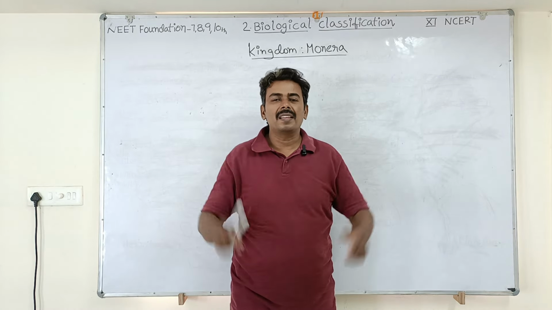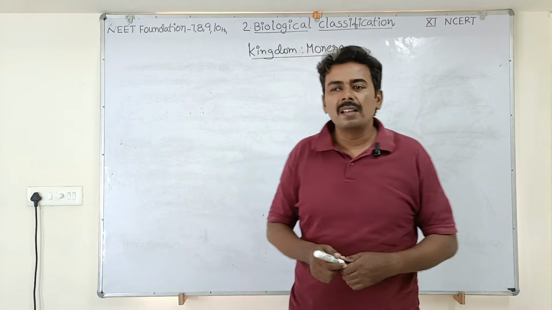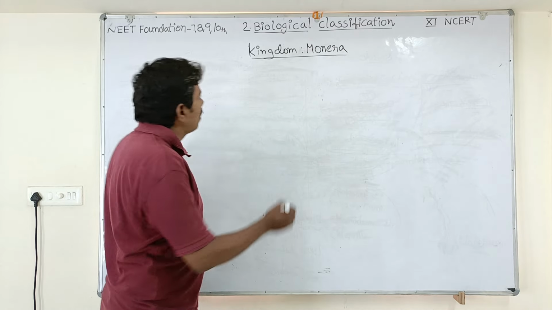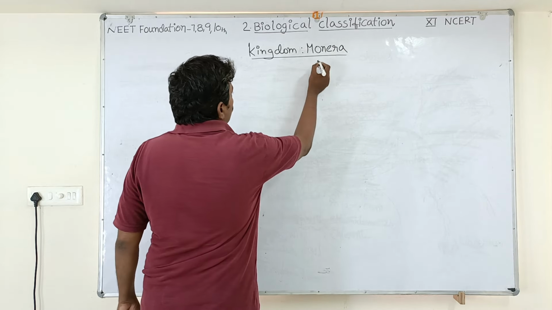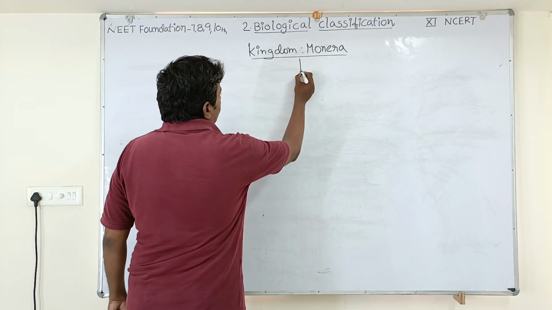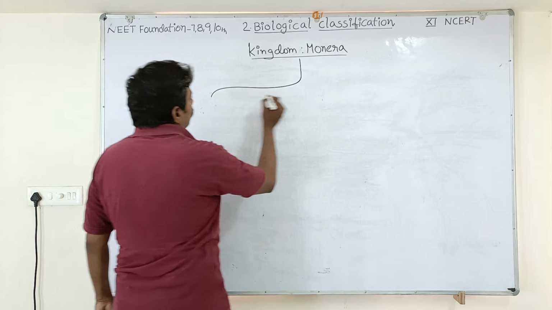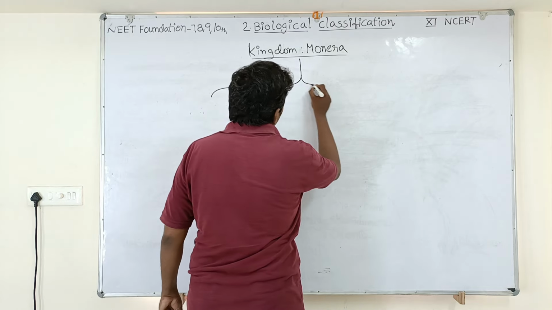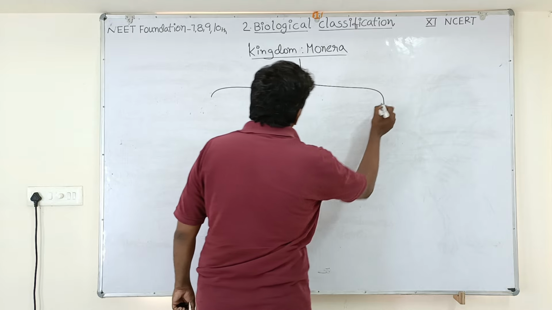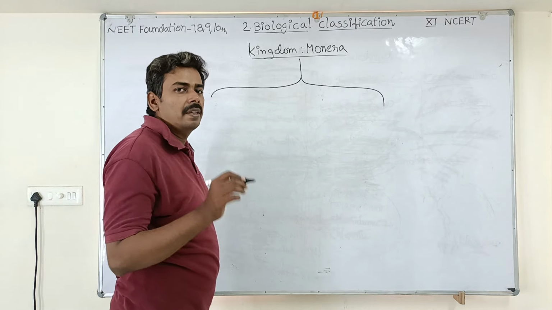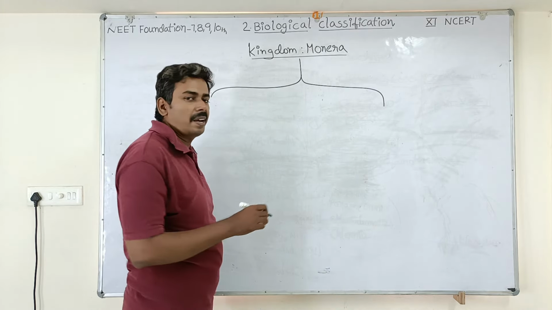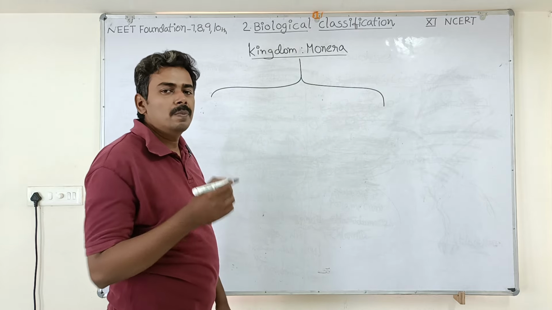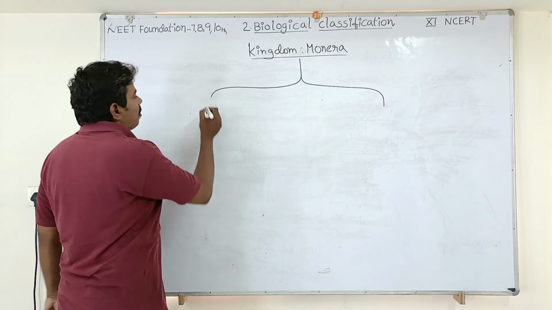Students, now we will see the classification of kingdom Monera by using a flow chart. Kingdom Monera, which includes unicellular prokaryotes, is divided into two groups based upon their ability to survive in extreme environmental conditions and the type of cell wall material present in their prokaryotic cell.